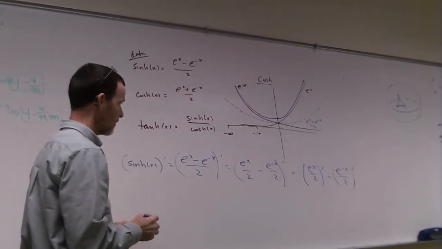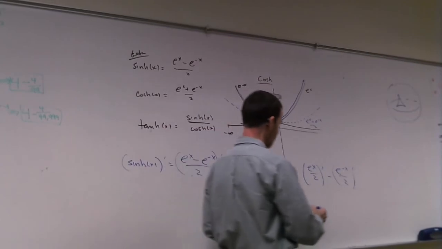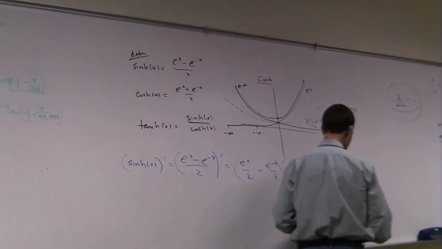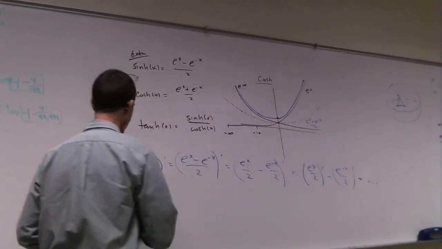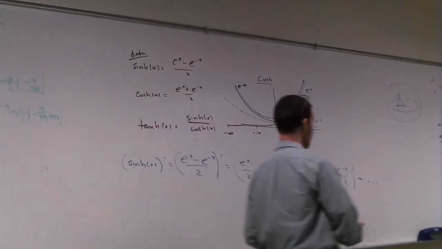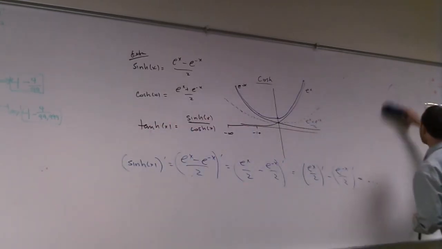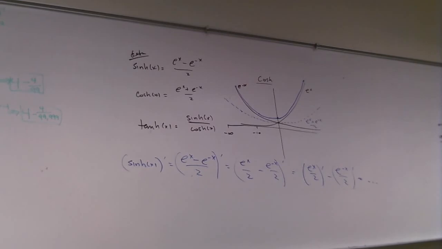If you can take the derivative of e to the x. If you're taking the derivative of this guy, you're back to the quotient.